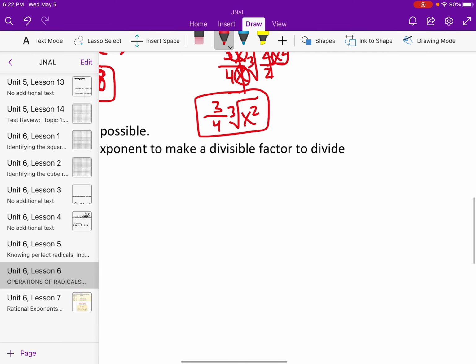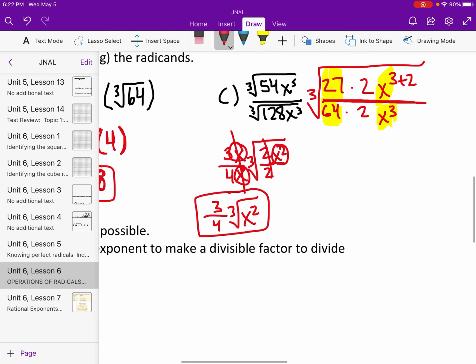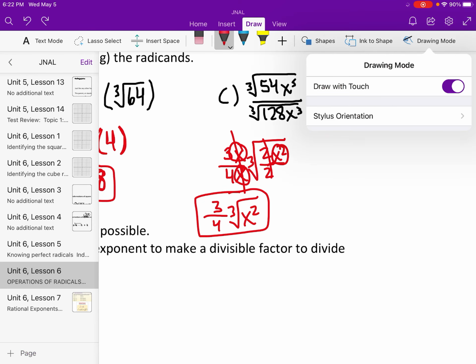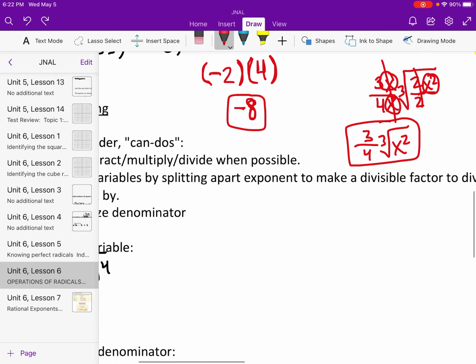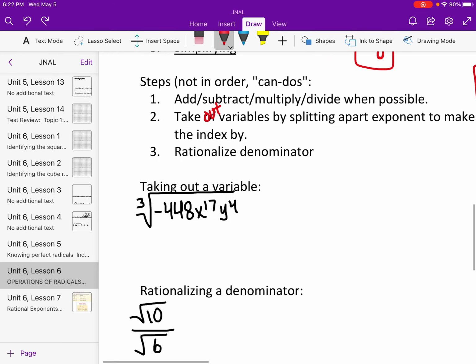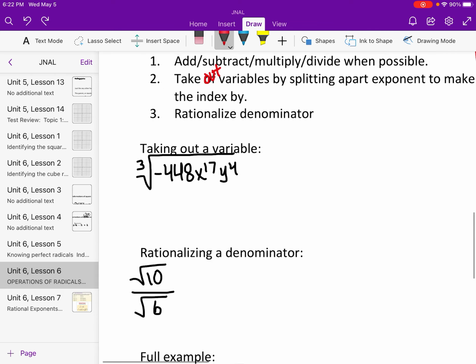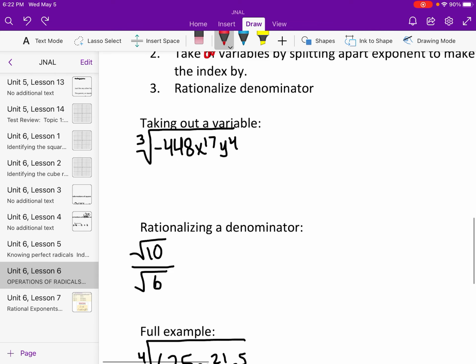That's what we did up here when we were doing the x. Remember, we split apart this right here and made it 3 plus 2, because the 3 you can take the cube root of, or you can divide by 3, which was the index. And then you can rationalize the denominator, which I haven't shown you yet, but I'll show you an example.